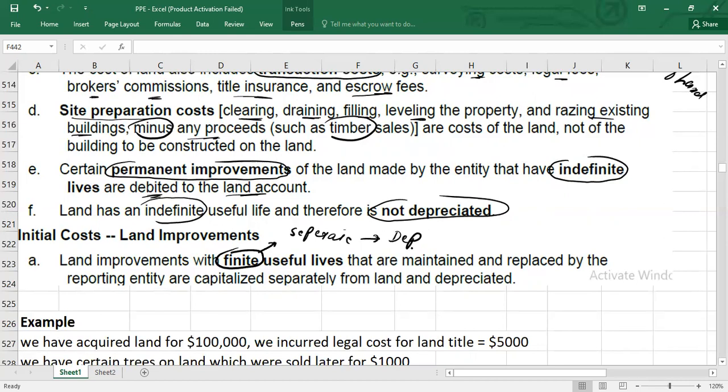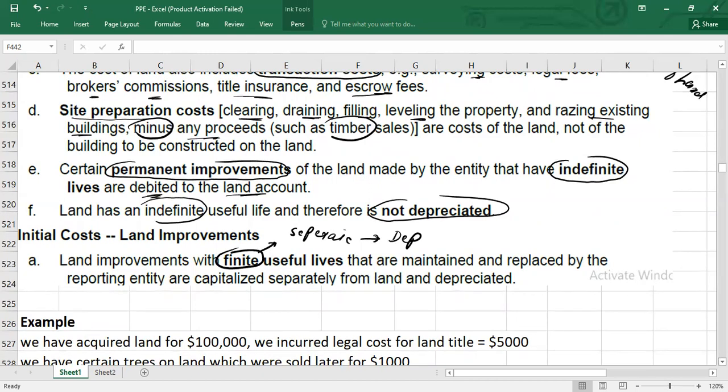For example, maybe you are going to construct a parking lot, and the parking lot has a finite life, and of course, maybe after a certain number of years, you have to repaint the parking lines, etc. So all this cost, which is land improvement, because it has a finite life, should be recorded as a separate asset and it must be depreciated.